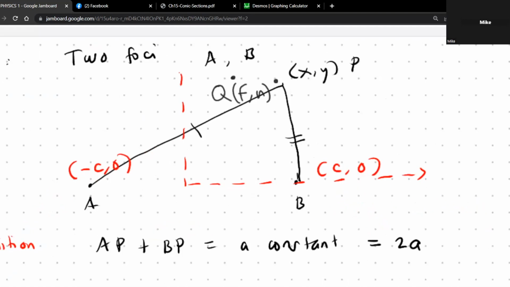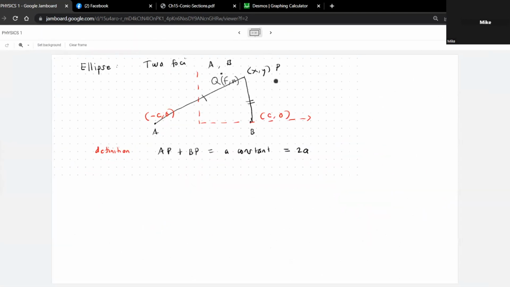Actually, ginawa mo na ba dati yung may string at saka 2 points? Isipin mo na may naka-thumbtacks, tapos meron kang string na fixed length na kinabit mo sa thumbtacks. Tapos, i-fully extend mo yung string and then trace out. You get an ellipse. Nagawa mo na ba dati yon? Hindi po. Gawin mo pagkatapos ng meeting natin.